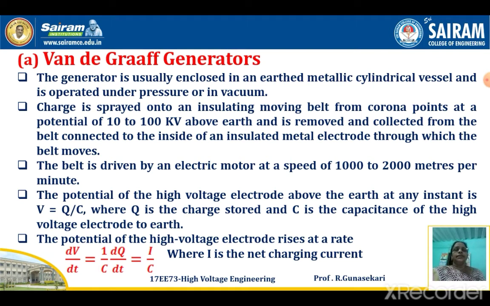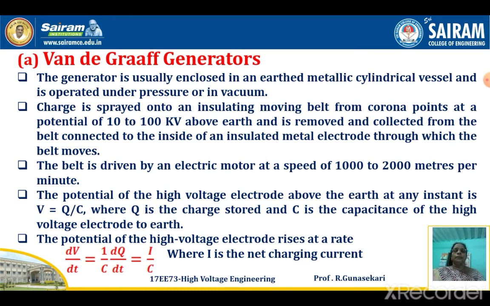This type of generator is usually enclosed in an earthed metallic cylindrical vessel and is operated under pressure or in vacuum. The charge is sprayed onto an insulating moving belt from corona points at a potential of 10 to 100 kV above the earth, and is removed and collected from the belt by a collector connected to the inside of an insulated metal electrode through which the belt moves.